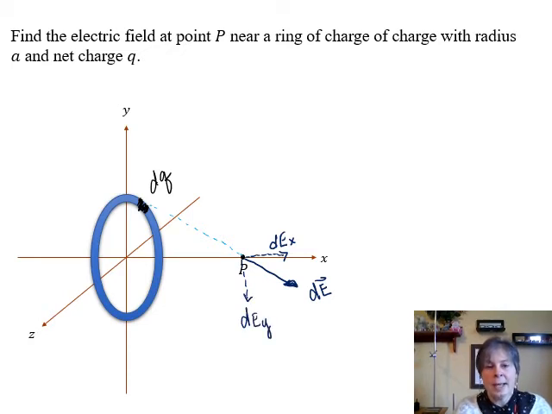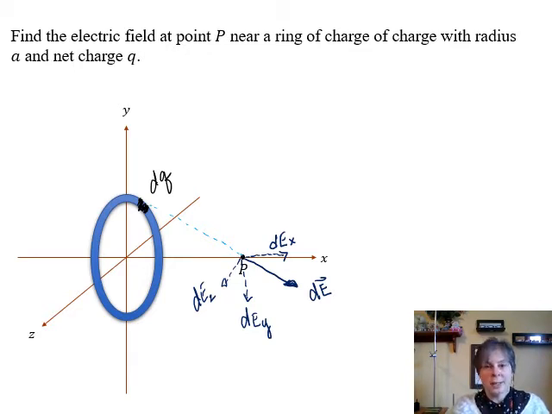And my dEz, since my dq is in the back half of the ring, my dEz will point in the positive z direction. So coming out this way. So my dE is a vector with components in all 3 dimensions. To find my total electric field, I'm going to have to take the sum of each of these components.